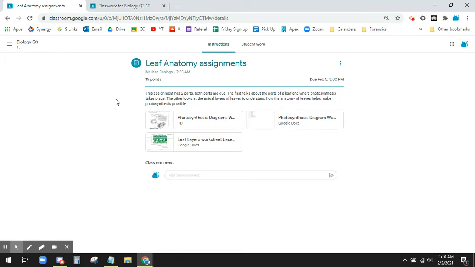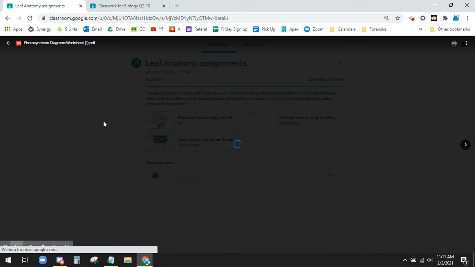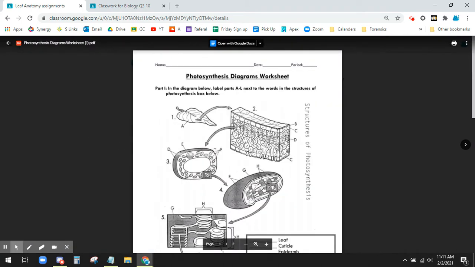On the first assignment, some people seem to have gotten kind of lost in what to do. So, notice it says it has two parts, and both parts are due on the due date, which is on the 5th. There's one diagram that talks about where photosynthesis happens, at a generalized level, and that's on a PDF.